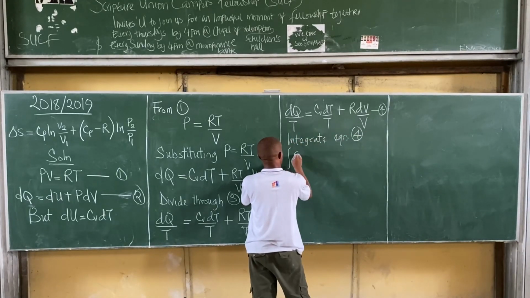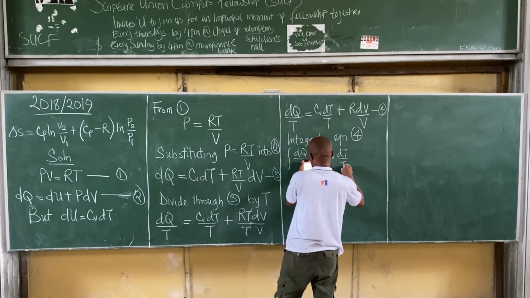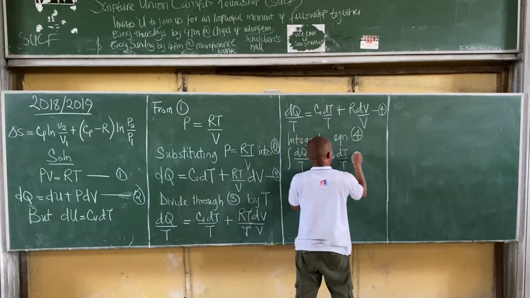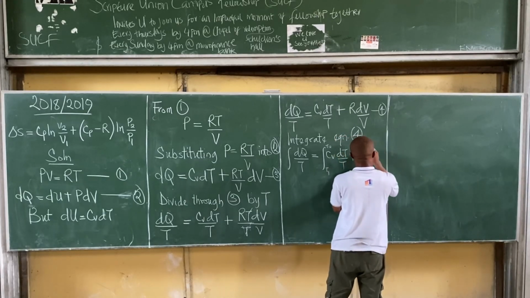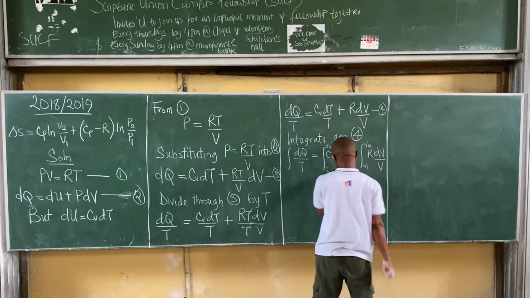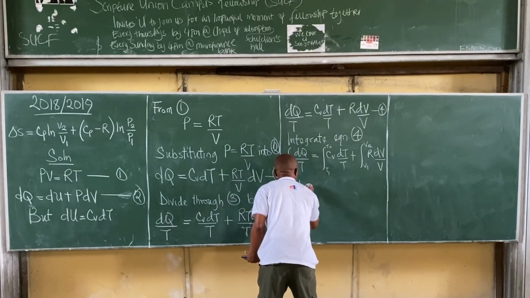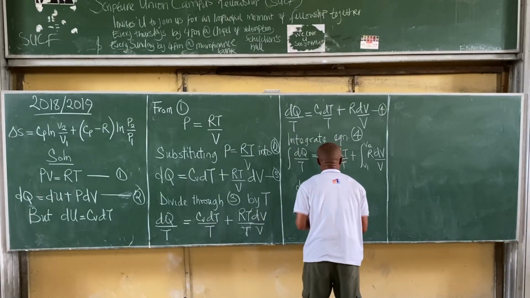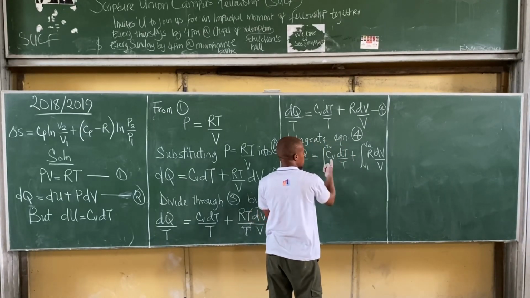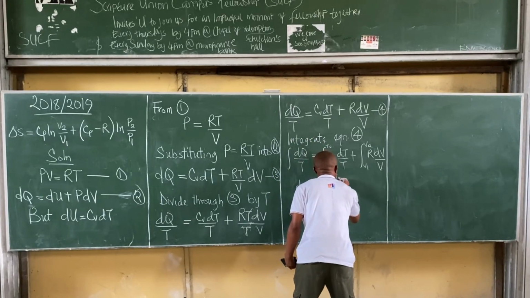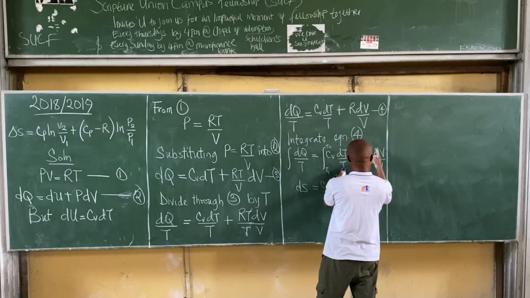We get Q over T equal to the integral of Cv dT over T plus the integral from V1 to V2 of R dV over V. Therefore, this gives us our entropy concept, which is the change in entropy, delta S. Cv is a constant, so it comes out of the integral sign to give us the integral of dT over T. R is a constant, right?